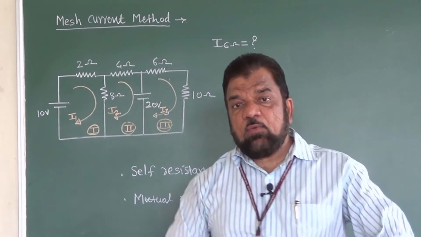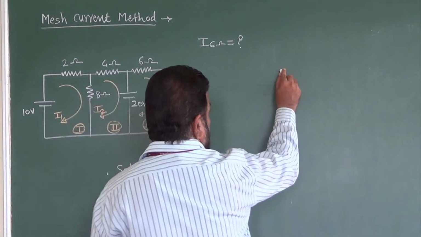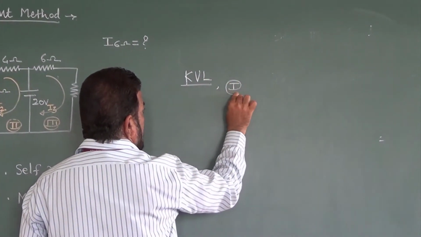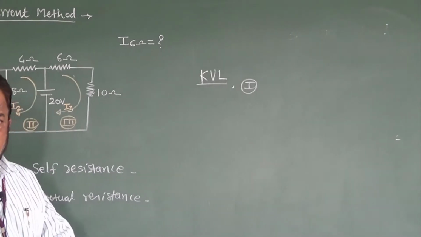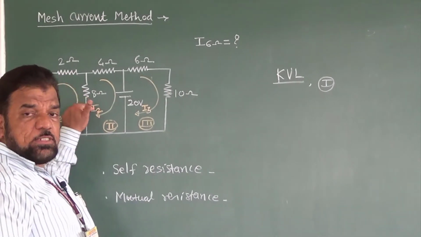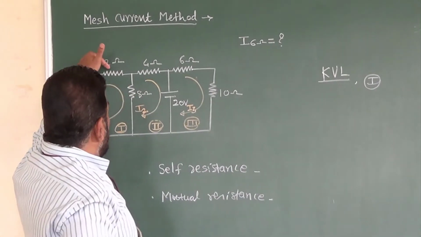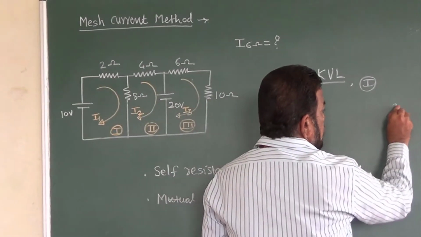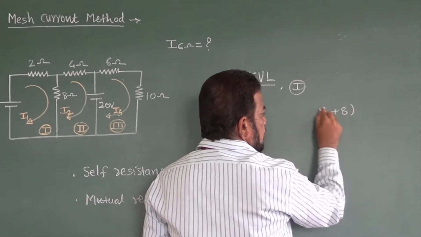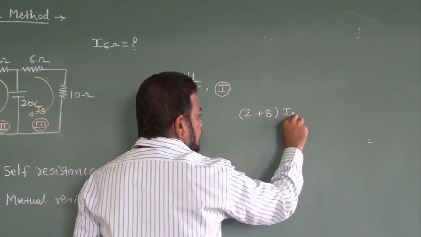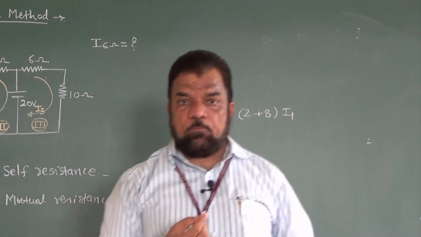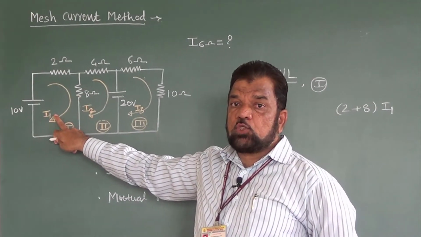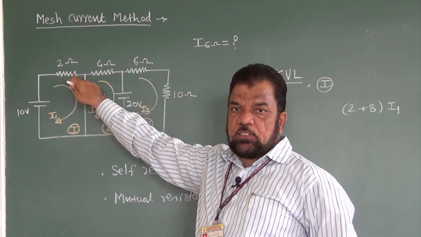Now when I am applying KVL to these loops, I'll start with loop 1. The procedure is to look at the self resistances, which are 2 and 8, so the total resistance is 2 plus 8. The loop current we assigned is I1, so (2 plus 8) times I1 is the voltage drop across the self resistance.